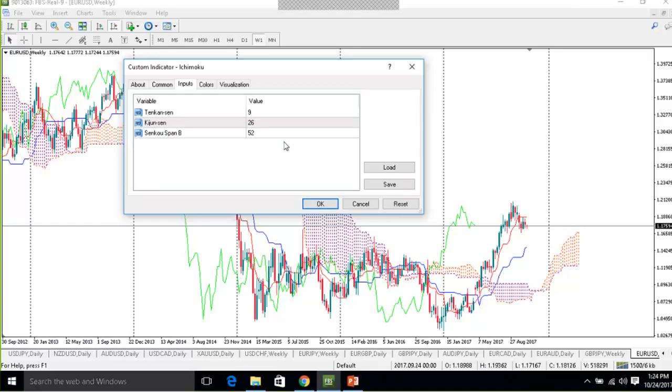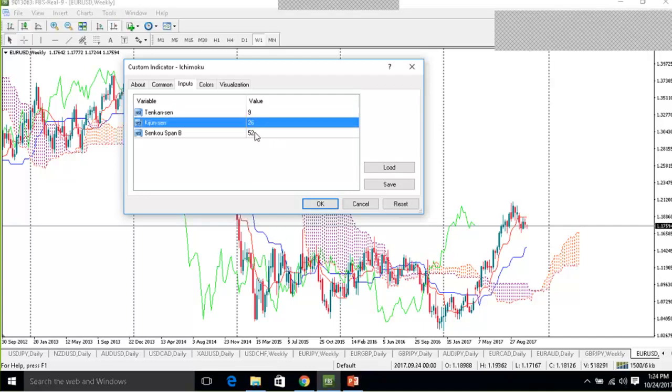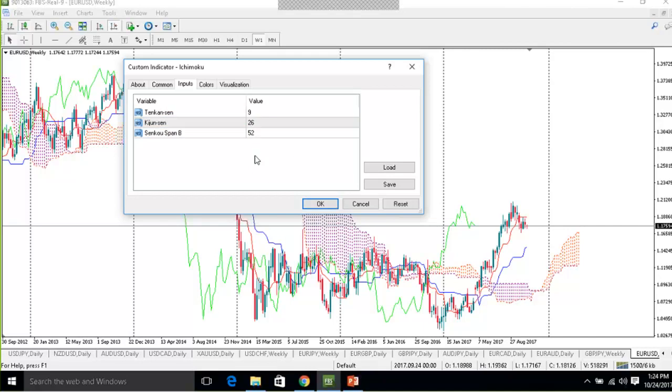These are things which are here by default, and actually these settings were introduced by the founder of the indicator himself. Yes, these classical settings are proposed by Goichi Hosoda, and it is from 1936 when he invented the indicator. This is what he has introduced.